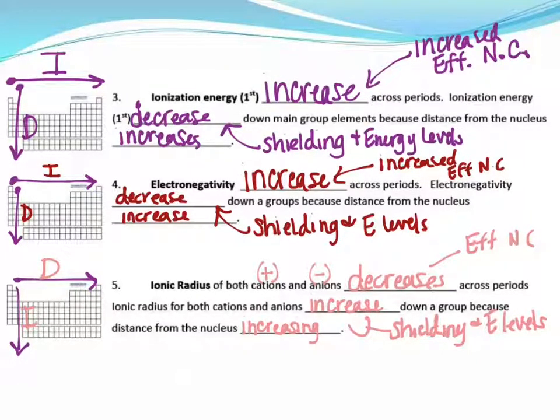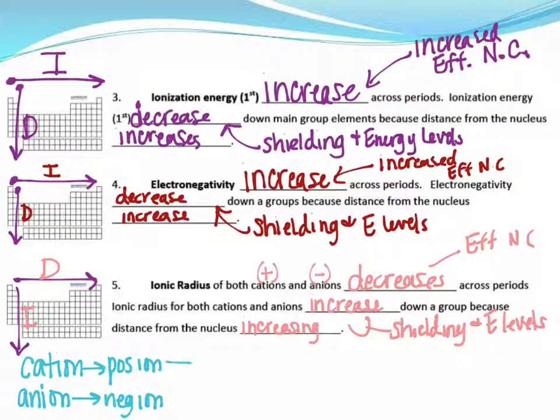So some added notes there. A cation is a positive ion, whereas an anion is a negative ion, compared to a neutral atom of itself.